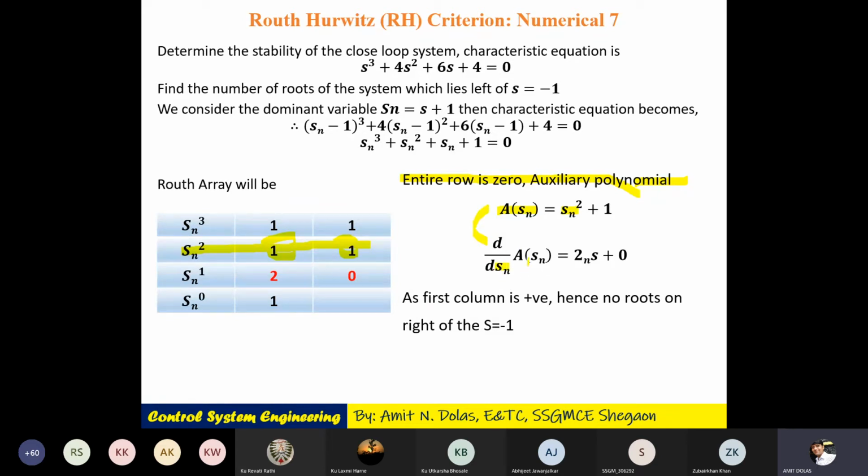So dA/dSn will be 2 into Sn. लिखना था, ये थोड़ा गड़बड़ हो गया यहाँ. I'll make it correct right away.